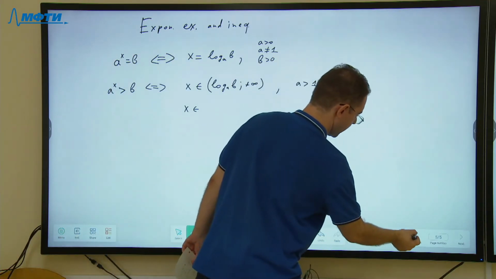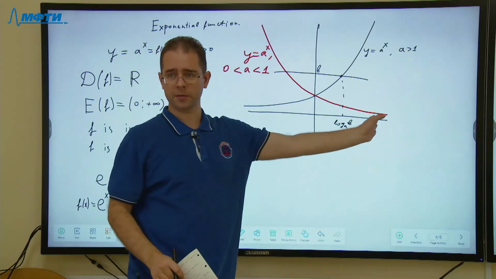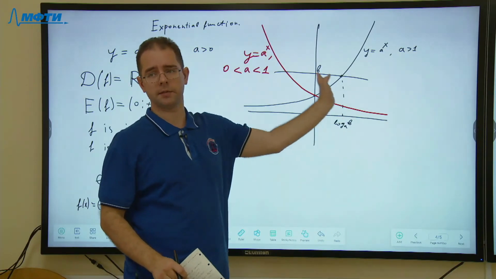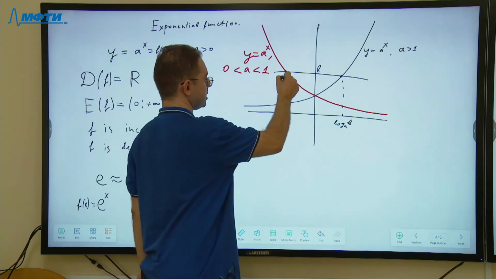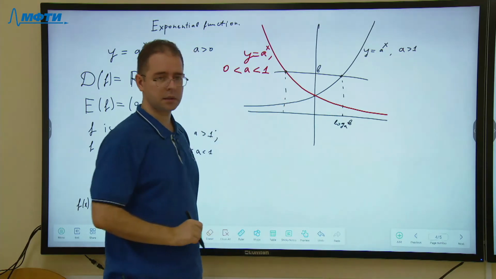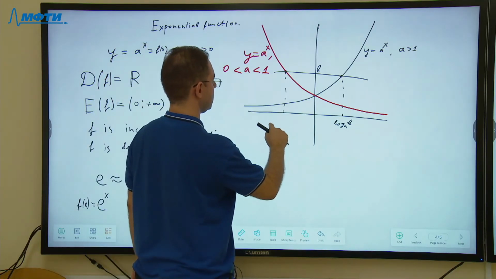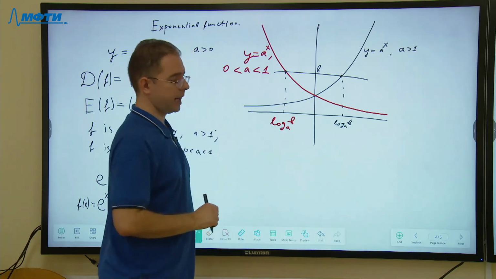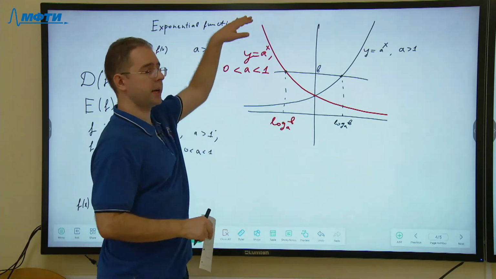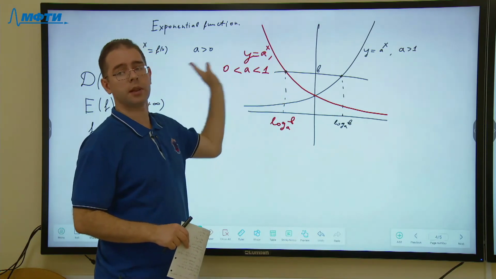If a is less than 1, then we have this red graph. This is a decreasing function. So the solution is this one. This would be, I will write it in red, log base a of b. And the function a power x is greater than b from this point and to the left.